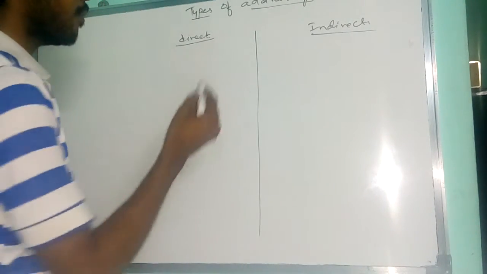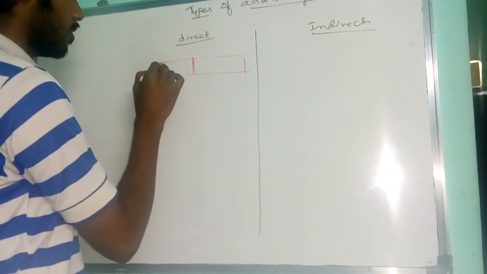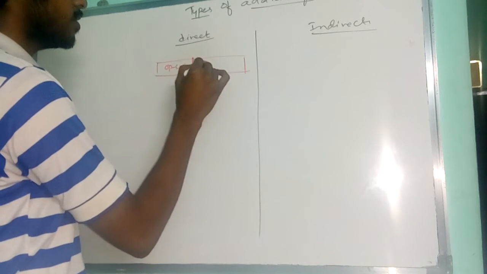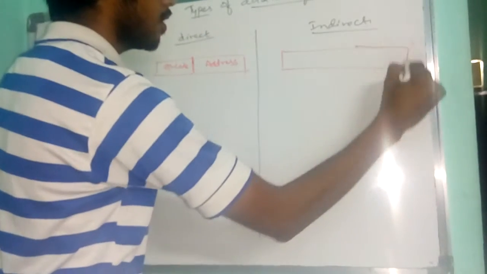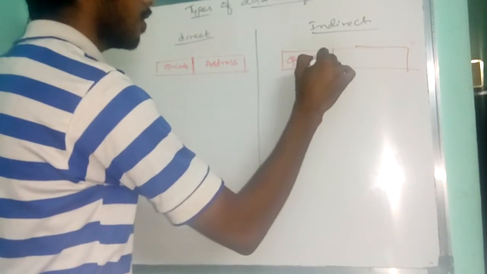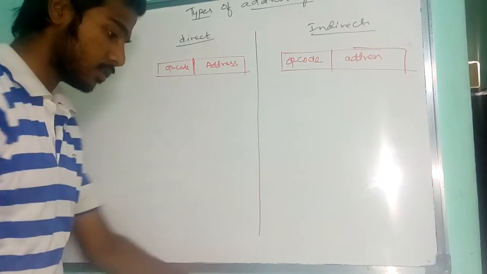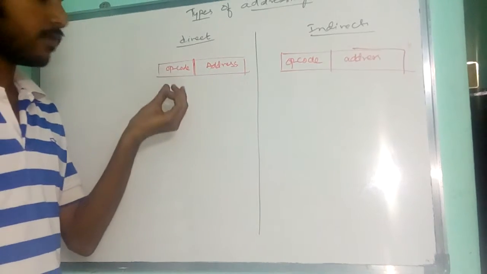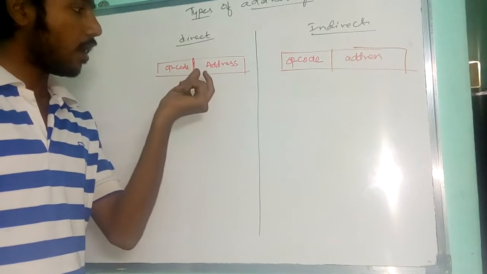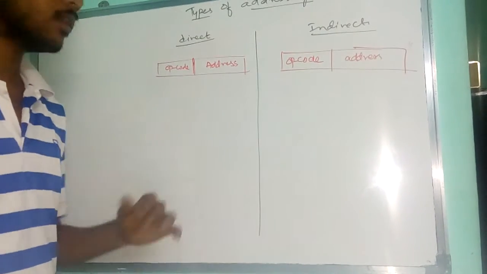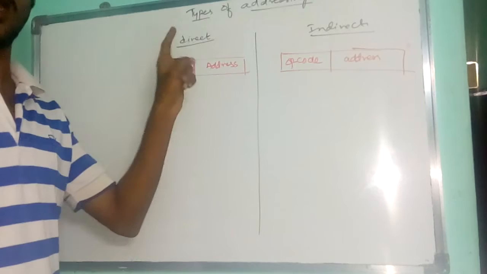Now we all know the general instruction format is this: this is opcode, this is address. Now here what happens is, whenever the opcode is addition or subtraction, and if the address is specifying the operand, then it is called direct address.